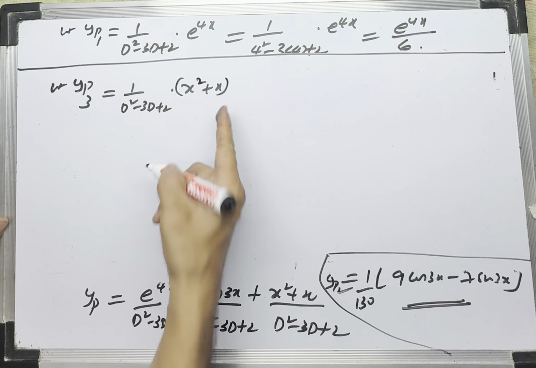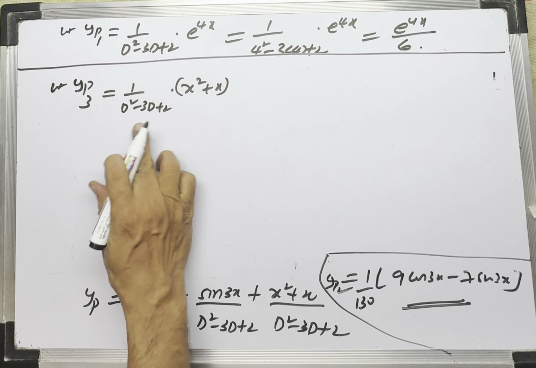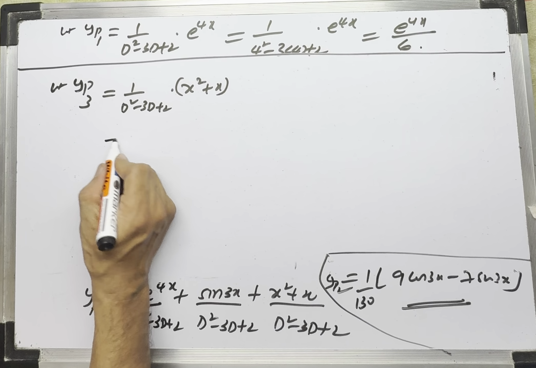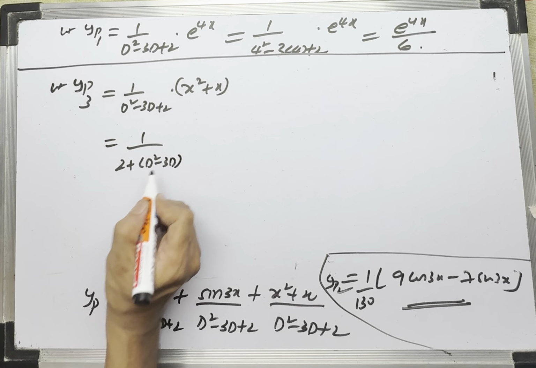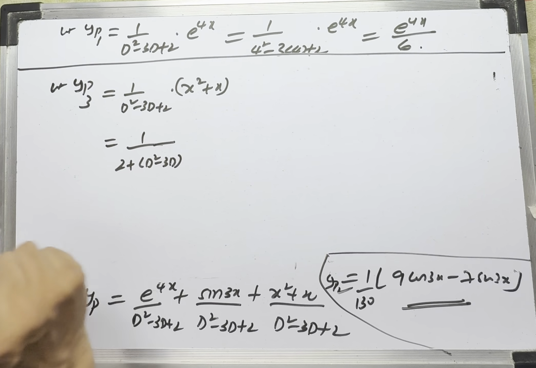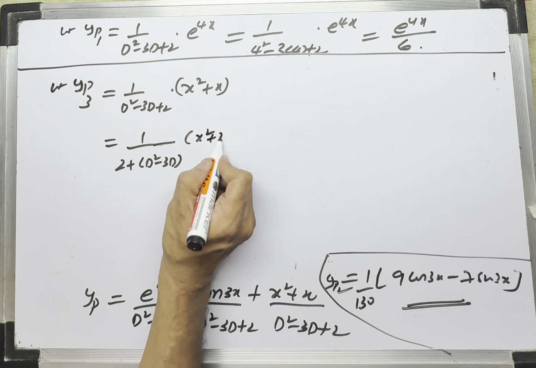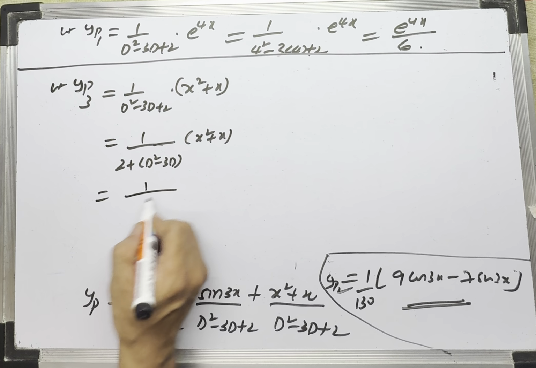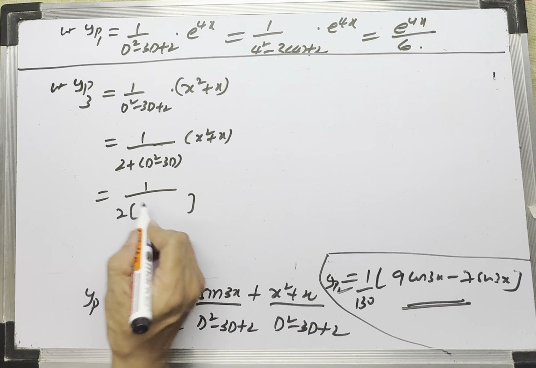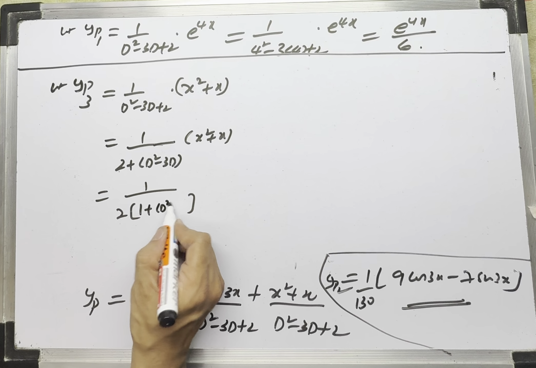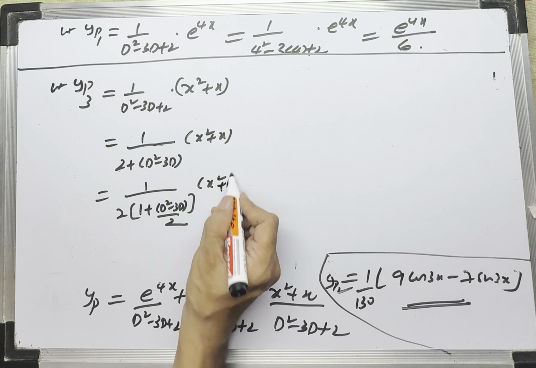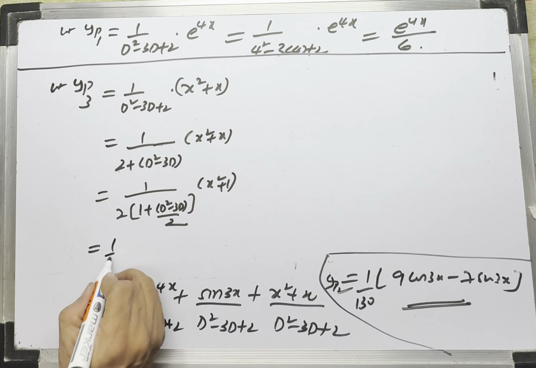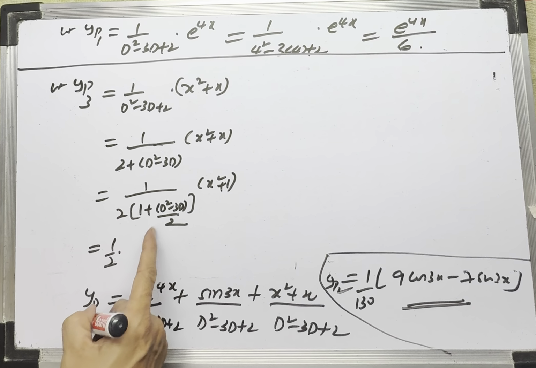For algebraic terms, as I said, we have to take the constant first. So 1 by 2 plus D square minus 3D in one bracket. We are taking the constant as the first term. We don't have any minus common, so directly 2 common. We need 1 as the first term. If we take 2 common, you will get 2 in the denominator. Now 1 by 2 outside, and this is 1 plus x.